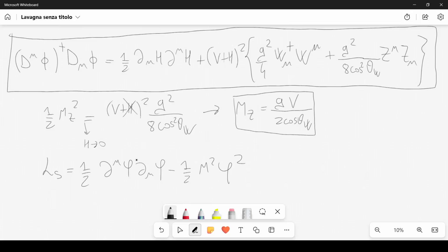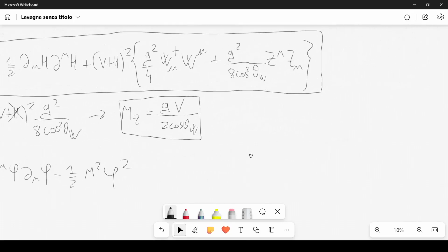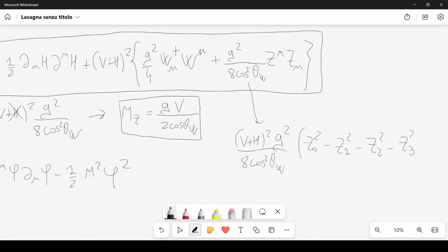In this case, we have terms of the following kind. So we have, if we take this part multiplied by (v plus h) squared, so we have (v plus h) squared g squared divided by 8 cosine squared theta W, and then Z mu Z mu can be written as Z0 squared minus Z1 squared minus Z2 squared minus Z3 squared, like this.